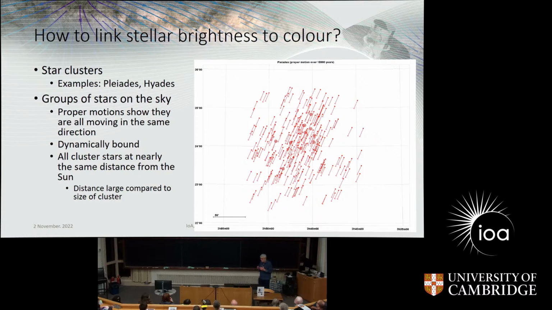Now, if they're bound together, it means that they're all at the same sort of distance from us. And if they're all at the same distance from us, it means that we can compare, within that group, stars of different colors for their brightness. So we can see within the cluster how the different brightnesses relate to colors. And that's the first thing that people were doing around 1910, 1915.